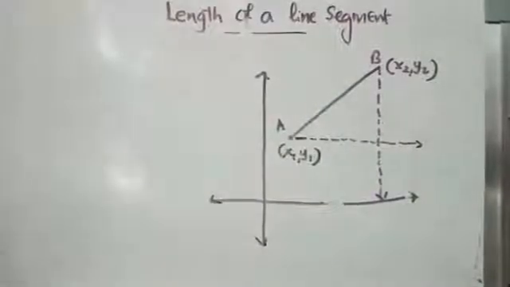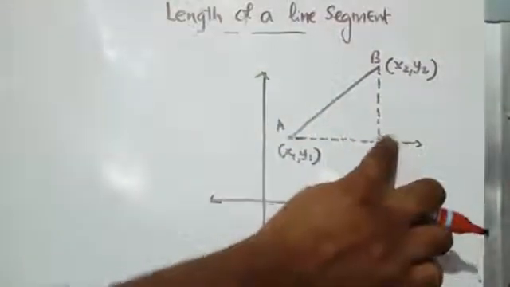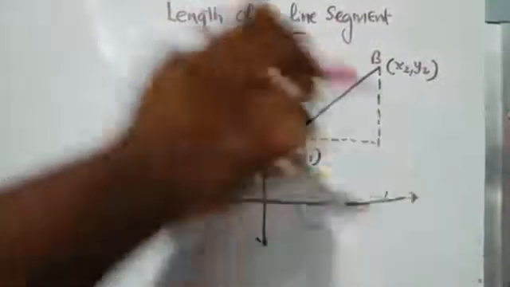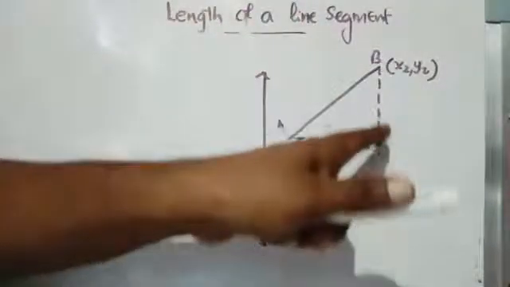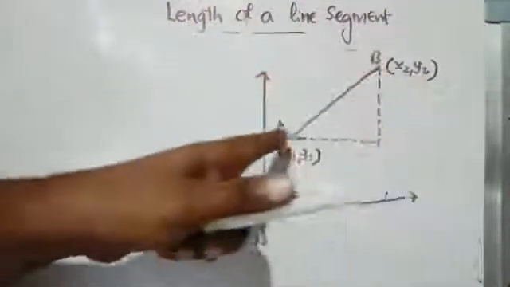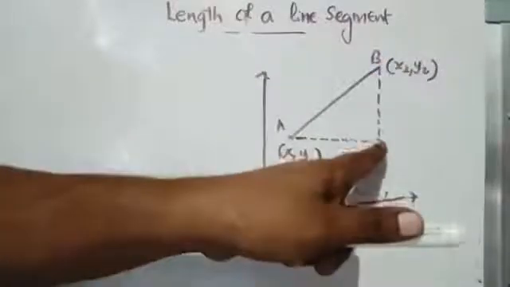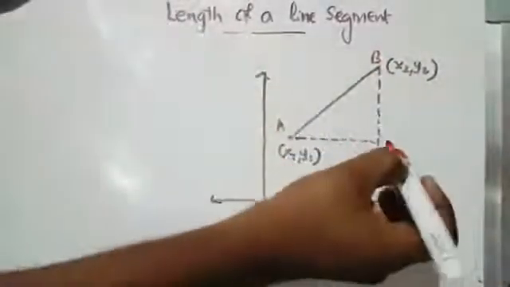We are not trying to make a figure of 4 sides. We are trying to form a right triangle. See, we got a right triangle here, A, B, and we got a vertex here.